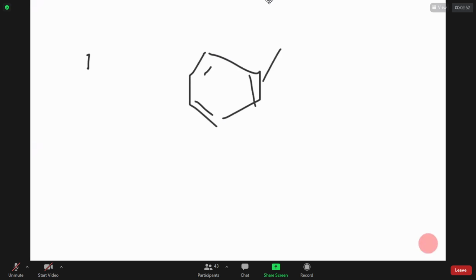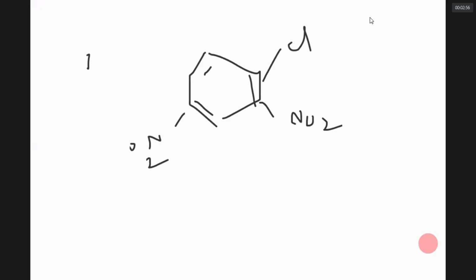What is the IUPAC name of this compound? There is no functional group.